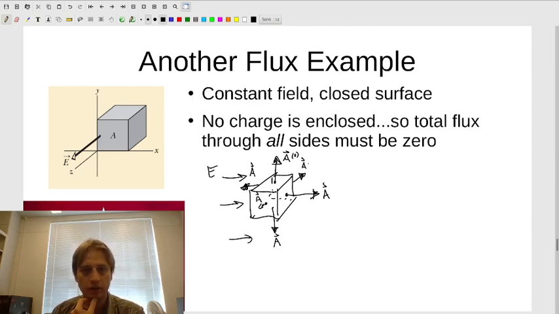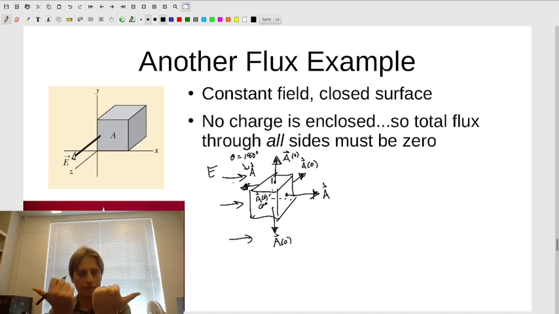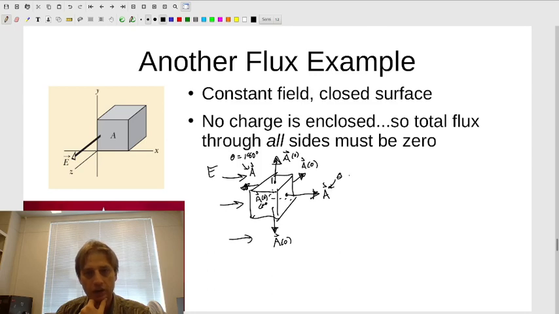I'm going to put a little 0 by those just to indicate those do not contribute because the angle is perpendicular. On the other hand, back here, our angle is going to equal 180 degrees because this is pointing the opposite direction. This A is aligned with E, so the angle is going to equal 0 degrees. Now these are the only two that contribute in this case.